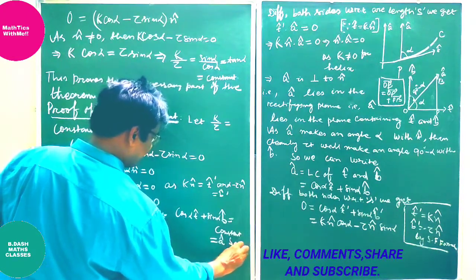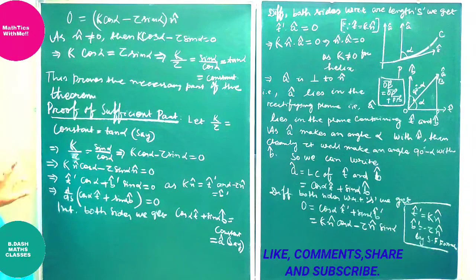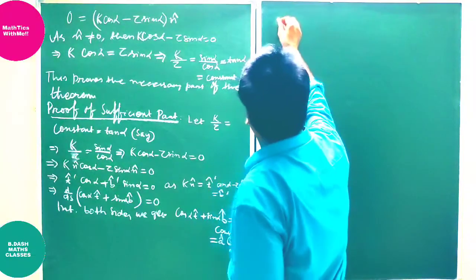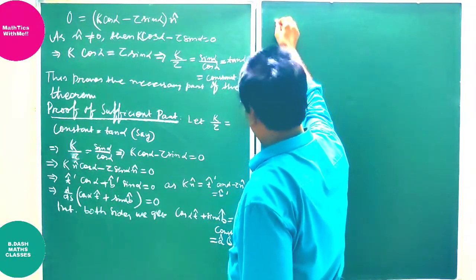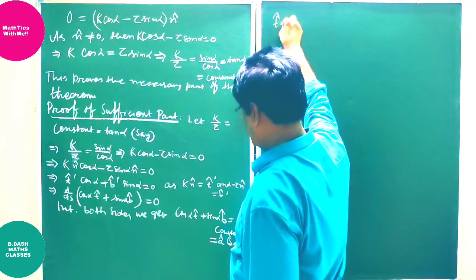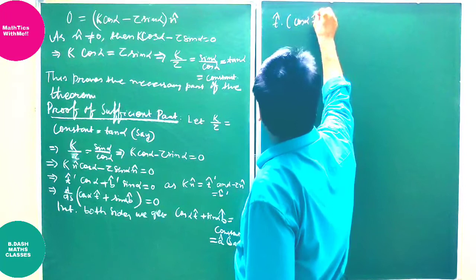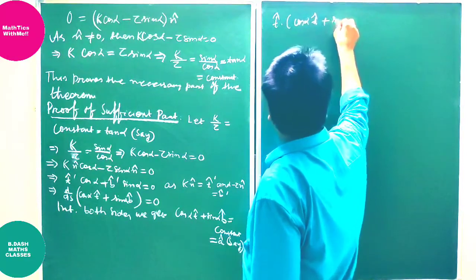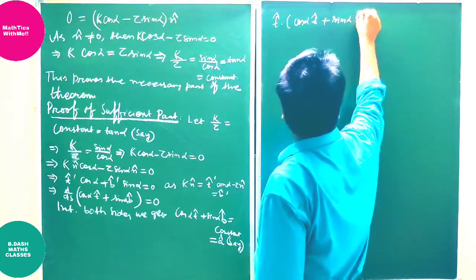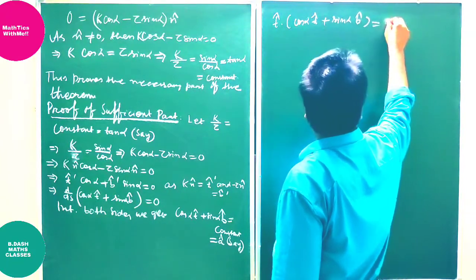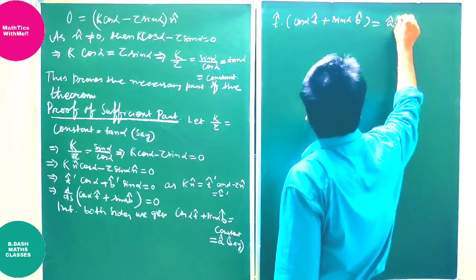So cos alpha T cap plus sin alpha B cap is equal to a constant we get. Then multiplying with T cap, cos alpha T cap plus sin alpha B cap dotted with T cap is equal to vector A dot T cap.